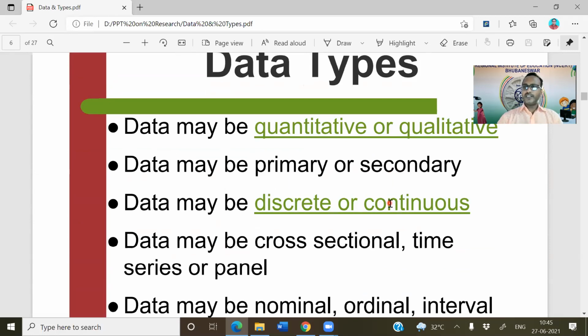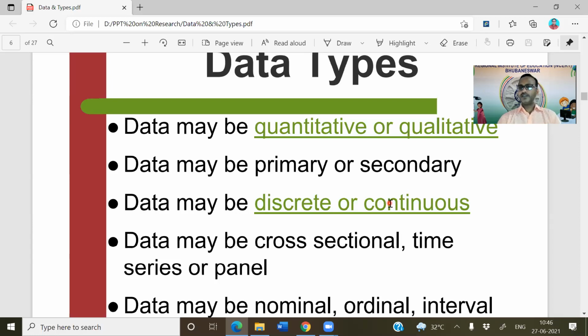Total number of students in a particular school is 320. It's quantitative data. The average student's mark in science is 46. It's quantitative data. Or one student secured mark 73 is quantitative data.